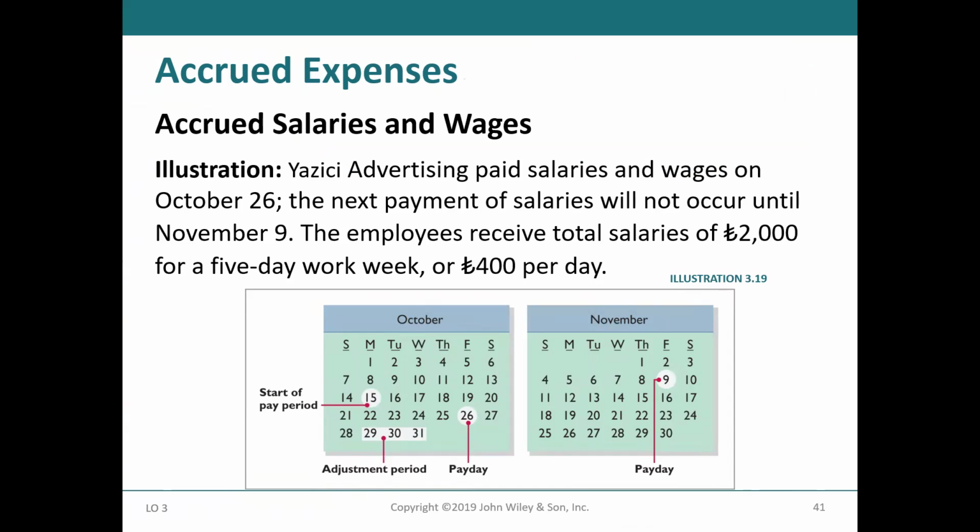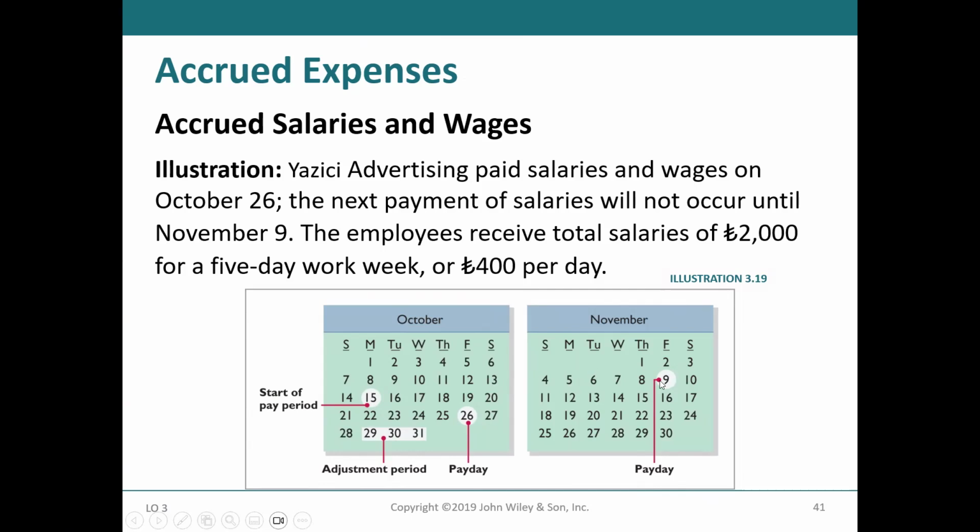Remember, Yazici company hired employees, right? And the employees started to work for them on October 15. They paid the salary on October 26, and the next day they're going to pay the salary will be on November 9.